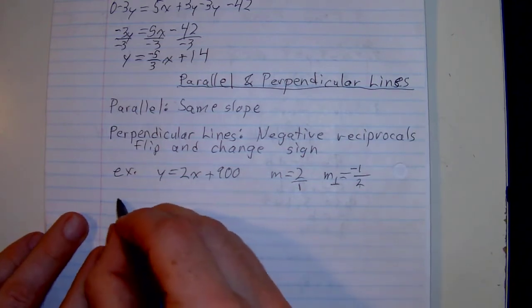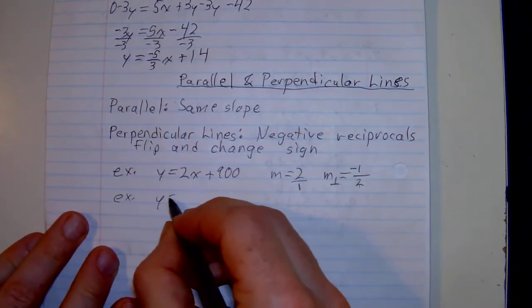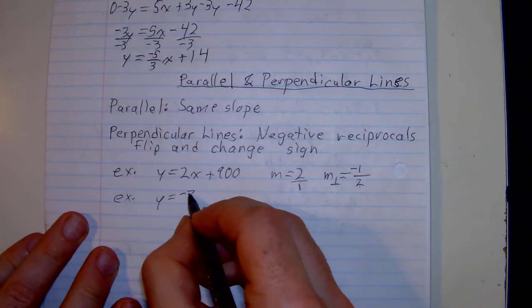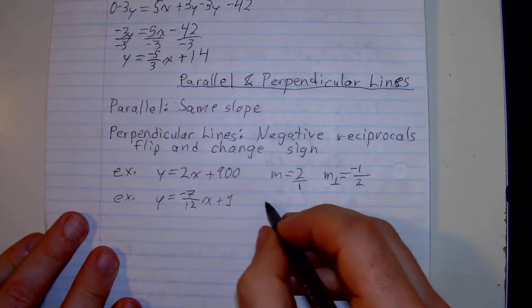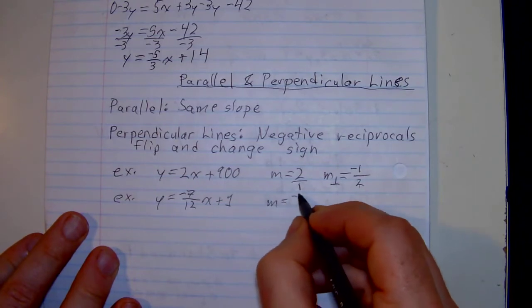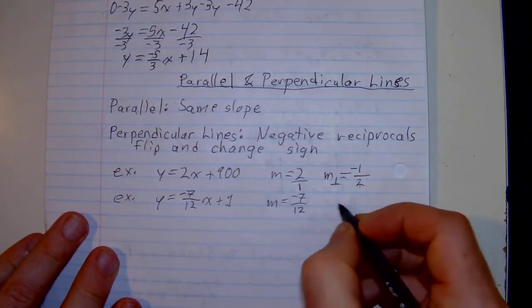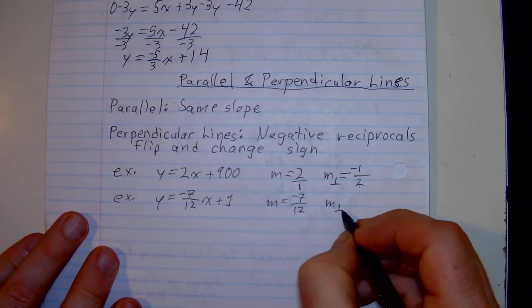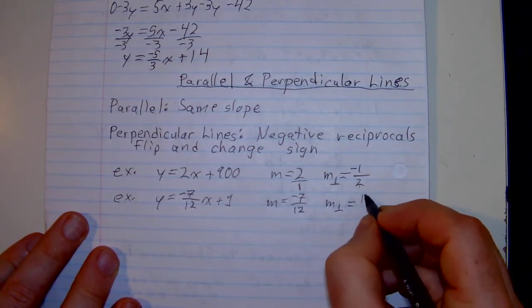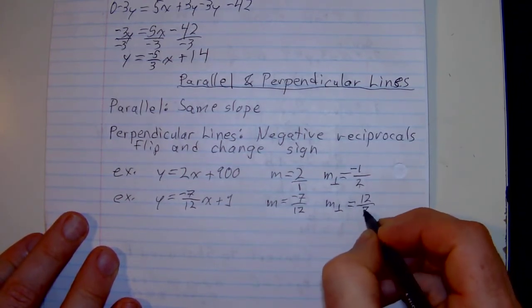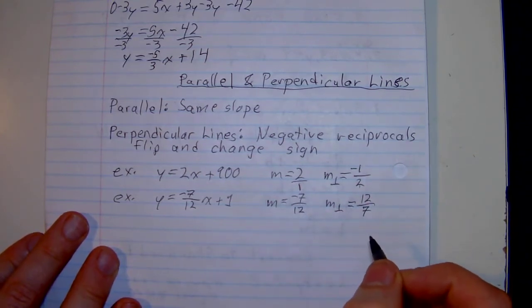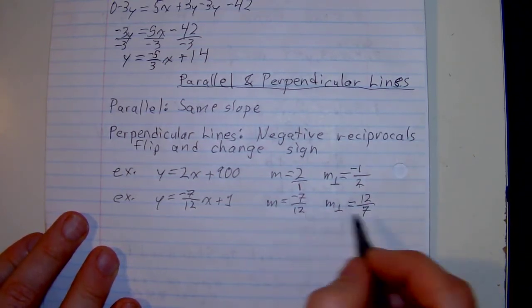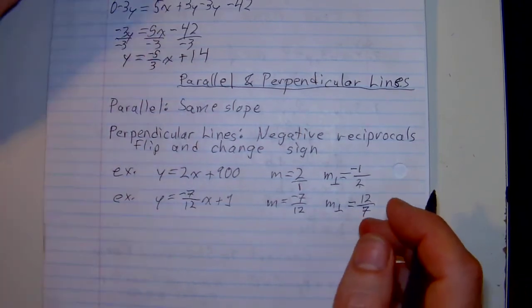Another example, y equals negative 7/12 x plus 1. Well, my slope is negative 7 over 12. If I flip that, so perpendicular slope, I'm going to get 12 over 7. And this was negative, so this one is being changed to a positive. And so two lines with these slopes are perpendicular.